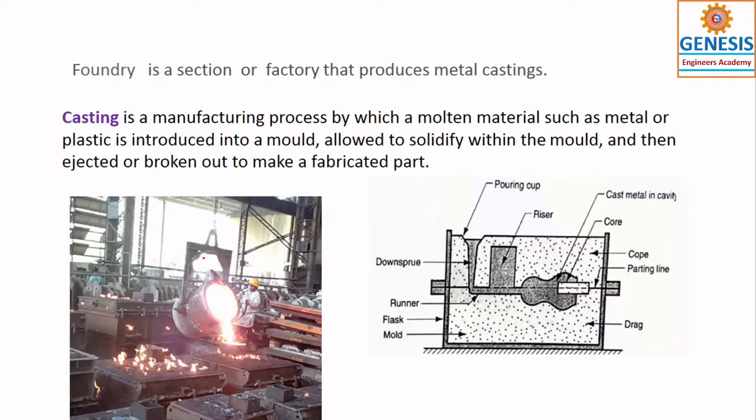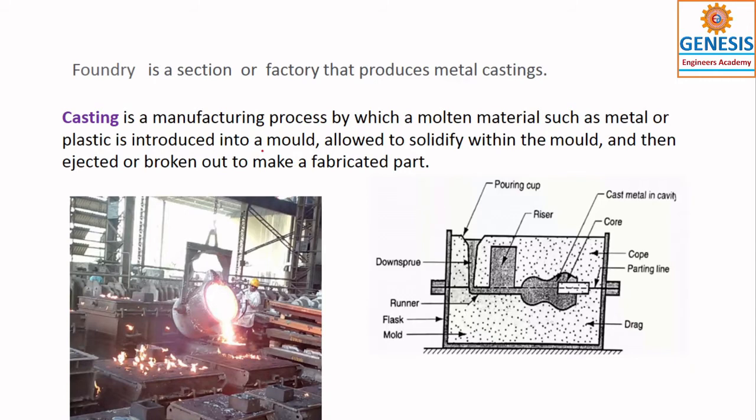A foundry is a section or otherwise a factory that produces metal castings. Casting can be defined as a replica of the part to be made, made by using different types of casting processes.